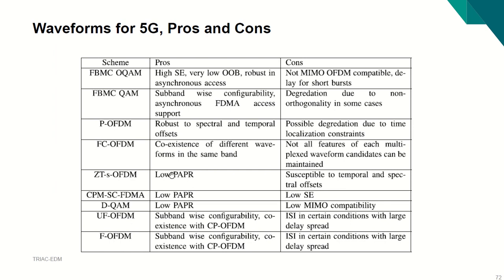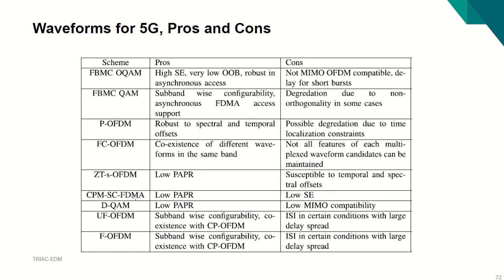So PAPR is an important factor, and the issue is severe in OFDM systems. That's why we like things to have low PAPR. That's the advantage of this OFDM, but the disadvantage is that it's susceptible to temporal and spectral offsets.